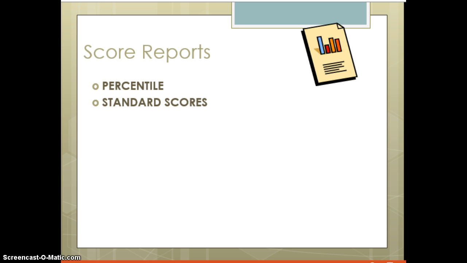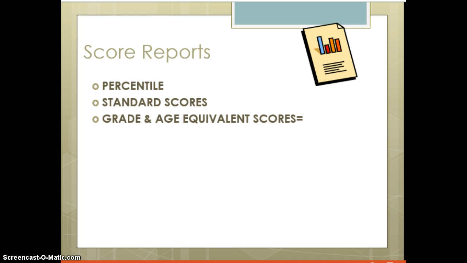Standard scores such as deviation IQ or Stanines is another way that you can get data reported from a formal assessment. Sometimes you get grade or age equivalent scores, so you read on the level of a typical second grader, or you performed like a typical fourth grader, however that is.